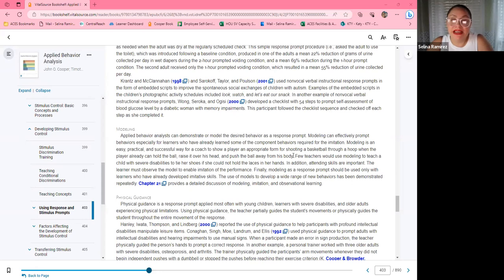So as a BCBA, it's your responsibility to teach the RBTs the way that you want them to run the program. And a lot of times just writing it down and giving a very detailed description is not enough. So you want to make sure that you are using BST, behavior skills training, right?